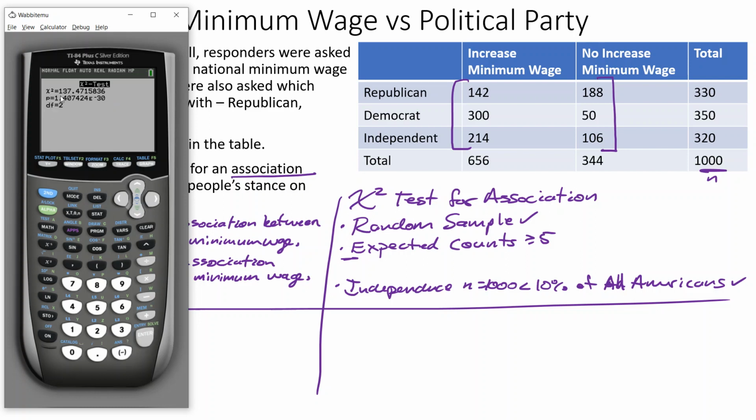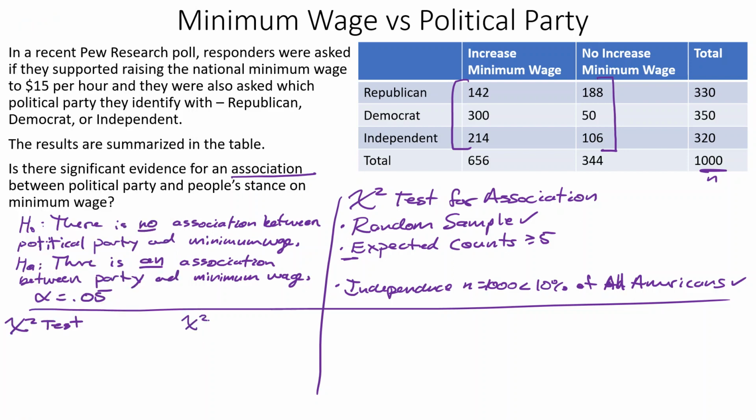Oh boy, that is a big chi-squared. 137. Whew. And our p-value is e to the negative 30. So our chi-squared value is 137. Our p-value is essentially 0. And our degrees of freedom, let's see, we had 2 by 3 on the table.